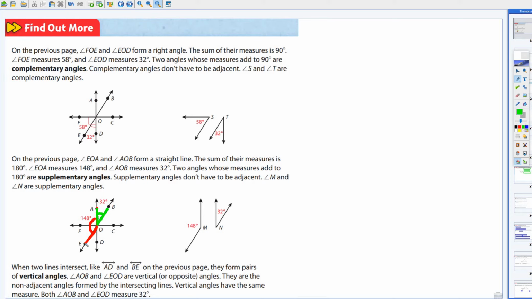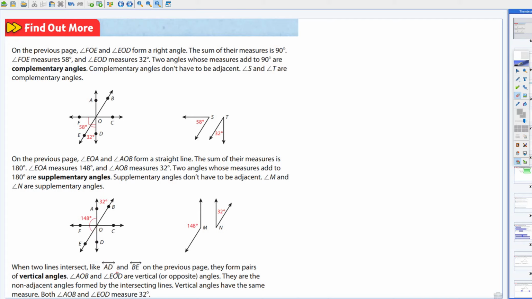Angle EOA measures 148 degrees, it's given, and angle AOB measures 32 degrees. Two angles whose measures add up to 180 degrees are supplementary angles. Supplementary angles don't have to be adjacent, just like here. Angle M and angle N are supplementary. They don't have to be next to each other, as long as they add up to 180 degrees.